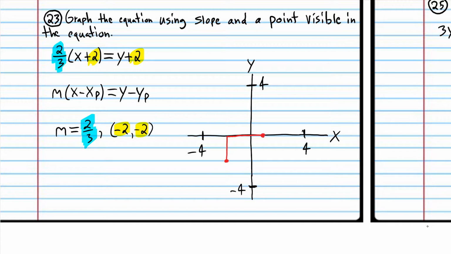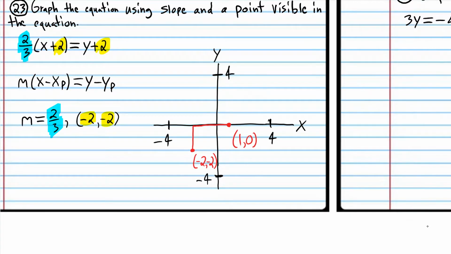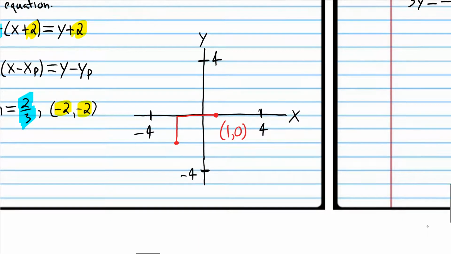So now we have this point here, and that's going to be 1, 0. And this point over here, we already have that point, it's -2, -2. You see, that was one of our points there. But please try to be legible when you write all this stuff down. I know sometimes it's hard to fit it in on the graph, but you can just do a line like that.